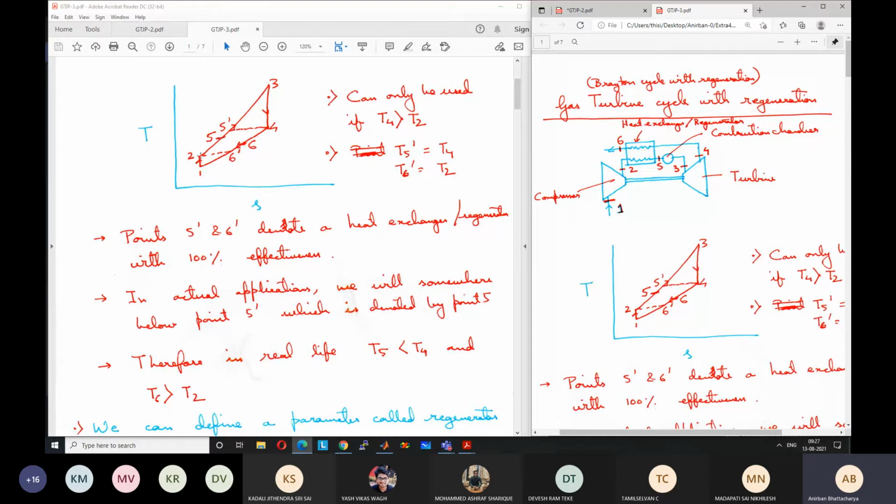Because of that, the change in temperature that needs to occur in the combustion chamber is much less. As a result, you need less external heat addition and your efficiency increases. So this is always beneficial if T4 is higher than T2.